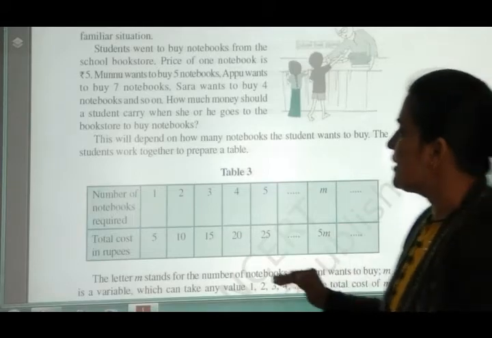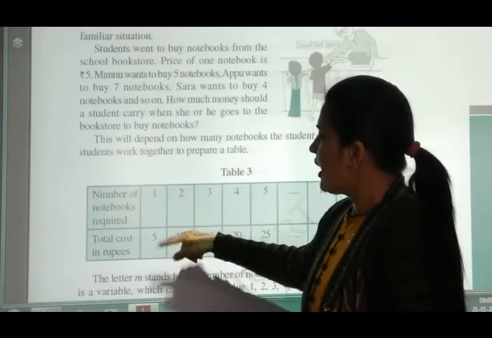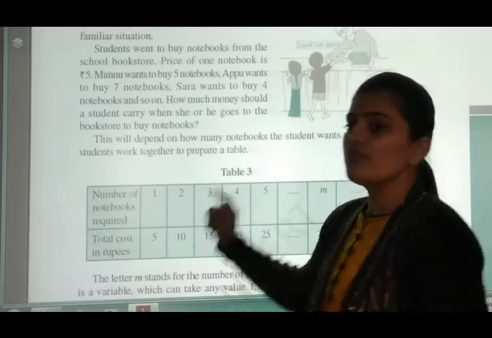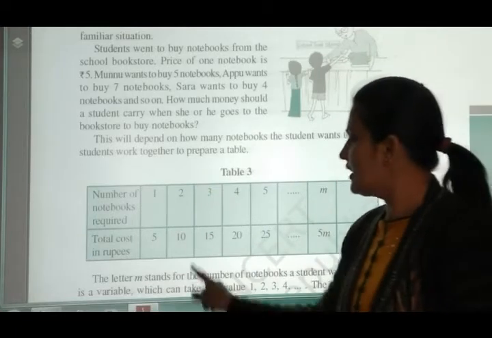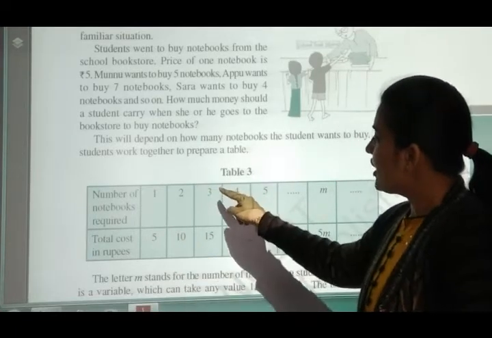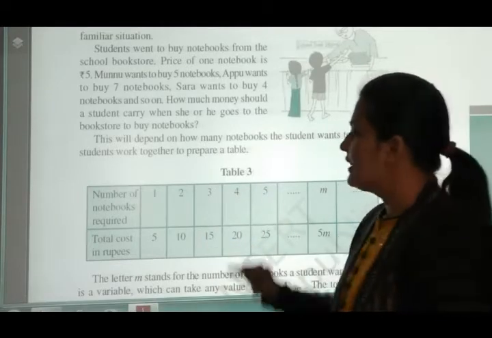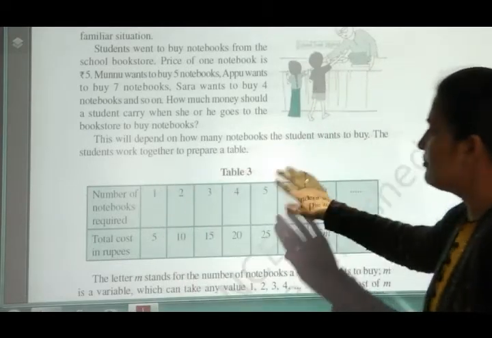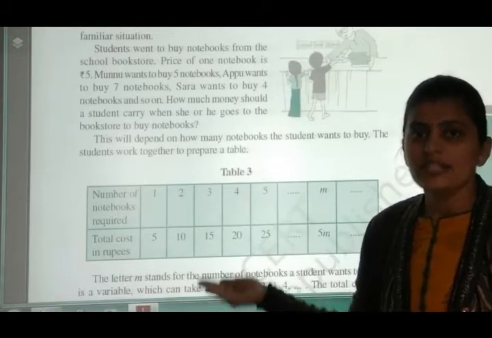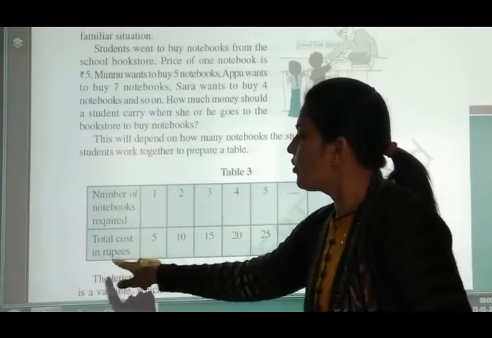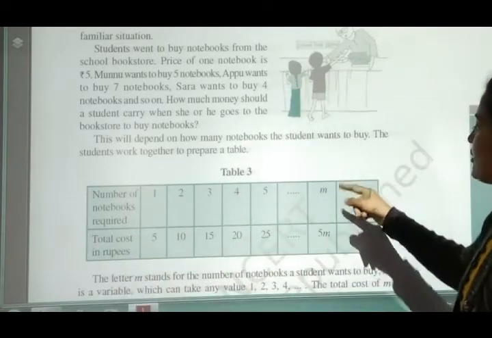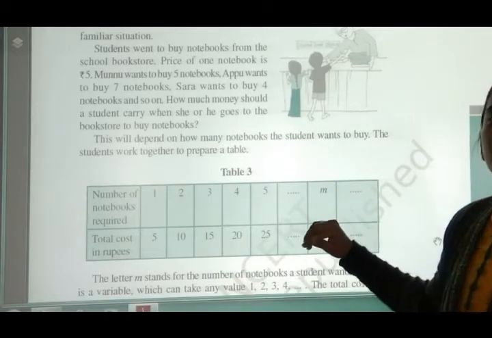Here you can see that if 1, then 5 is there. If 2, we multiply it by 5, then we get the answer 10. In the same way, if we multiply 3 with 5, then we get 15 as the answer. That means if we multiply this number by 5, we get the total cost in rupees. So if it is m, then what will we get?